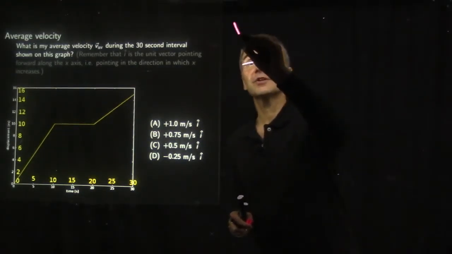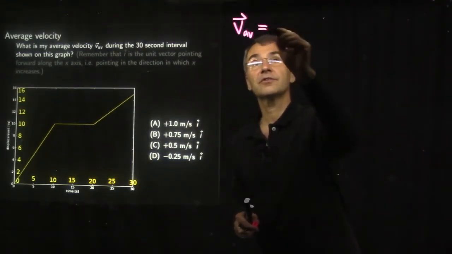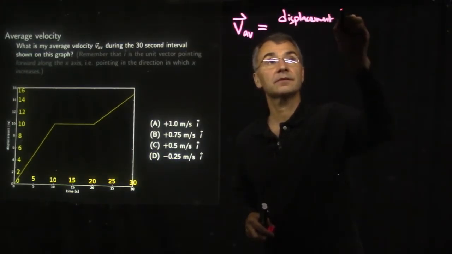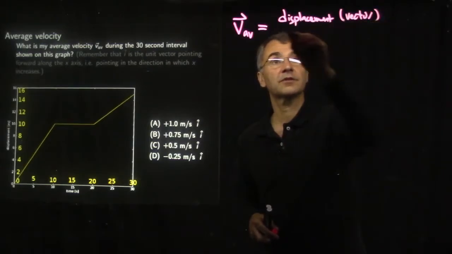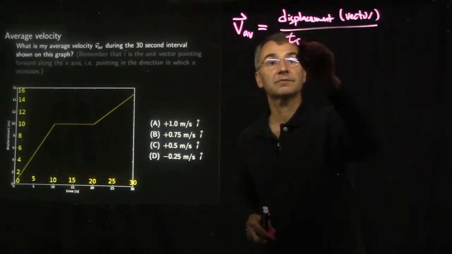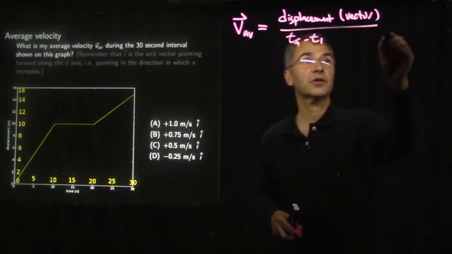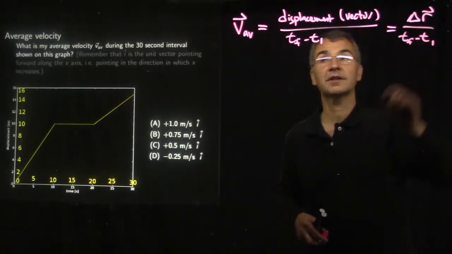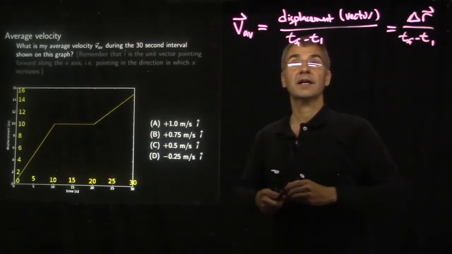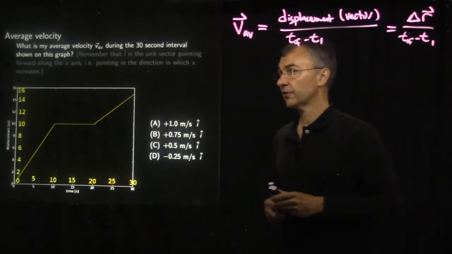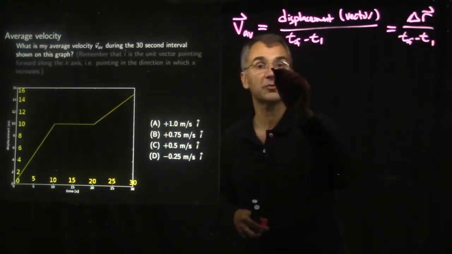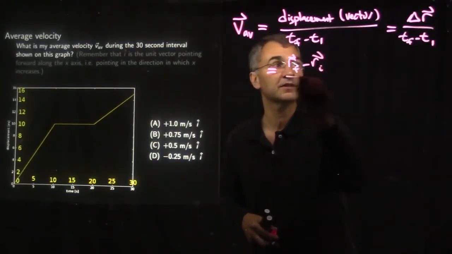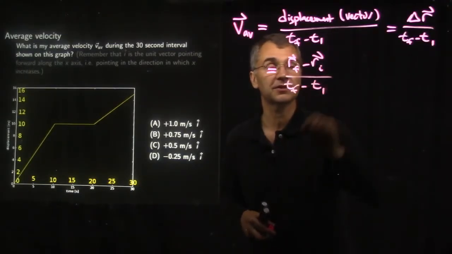So V average is the displacement, which is a vector, divided by the time interval. So we also call the displacement delta R divided by t final minus t initial. Okay, and what is the displacement? By the way, the displacement is like R final minus R initial.